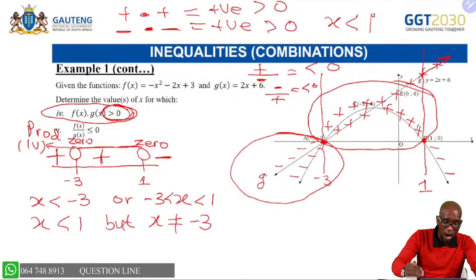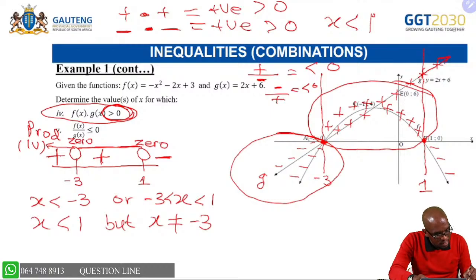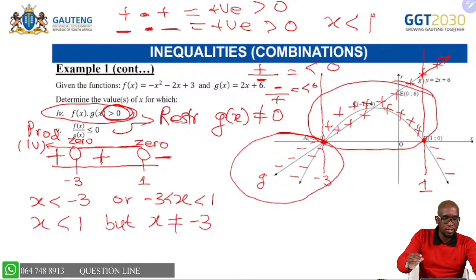We are looking at one graph above and the other below. But the key aspect here is that there is a denominator g of x, so we have a restriction: g of x must not be equal to 0.